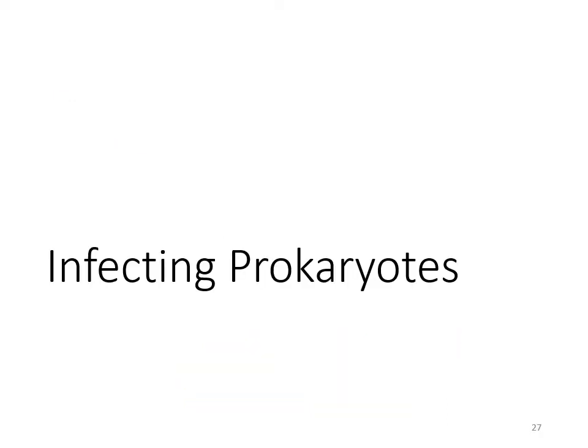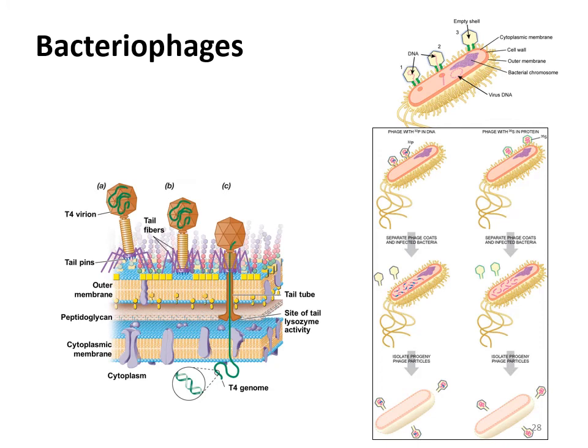So now we'll go through different types of infections. First you have infecting prokaryotes. These are going to be the viruses that are infecting bacteria, for instance. First one we have here, you have bacteriophages. As the name suggests, these are viruses that infect bacteria.